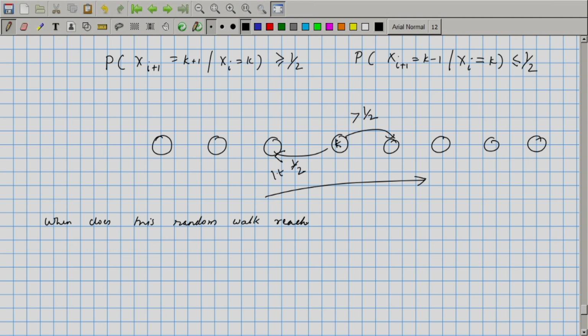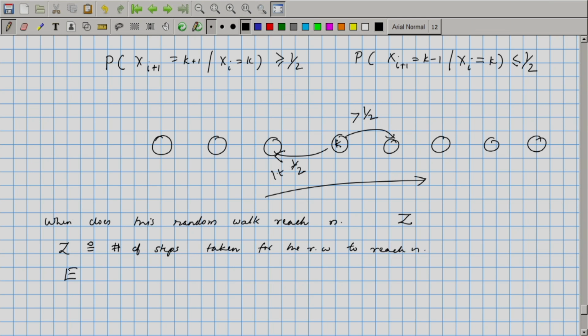If we call that a random variable Z, then Z denotes the number of steps taken for the random walk to reach n.